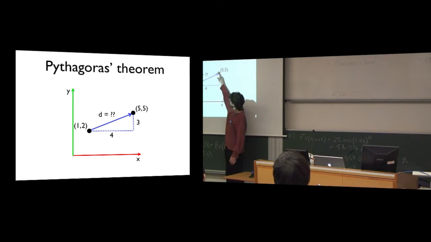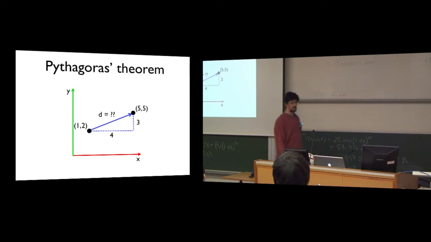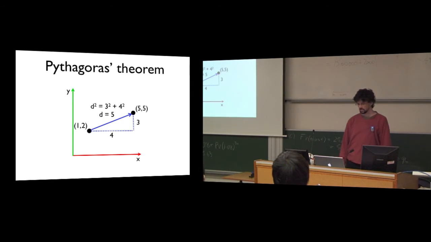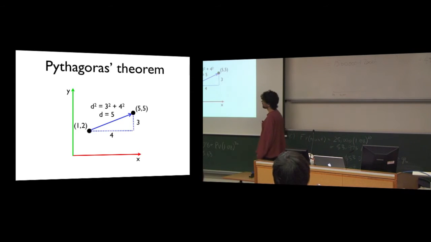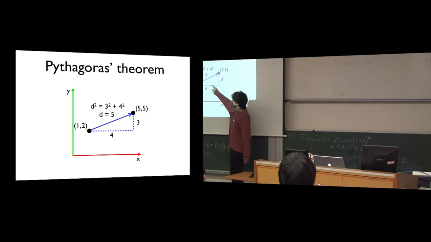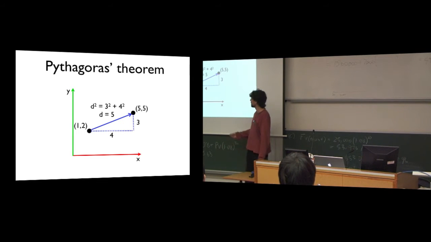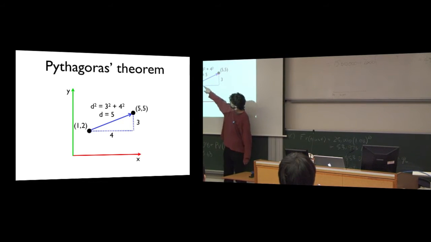We use Pythagoras' theorem, which is that the length of the hypotenuse is equal to the sum of the squares of the other sides. Good grief, it's been a long time since I said that. So in other words, d squared is 3 squared plus 4 squared, which is 9 plus 16, which is 25, so d is 5. So the length of that vector is 5.